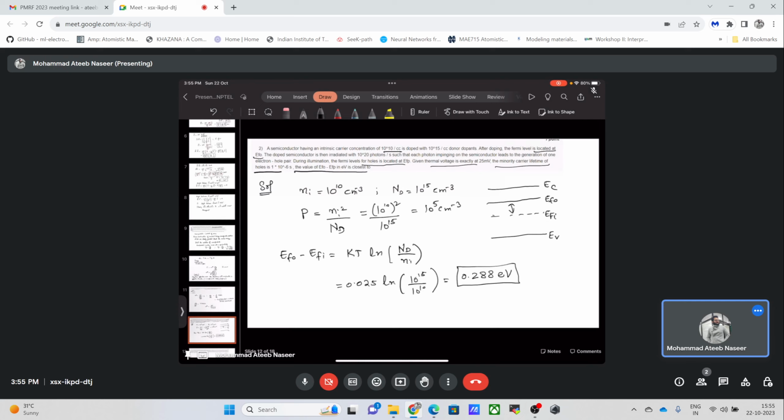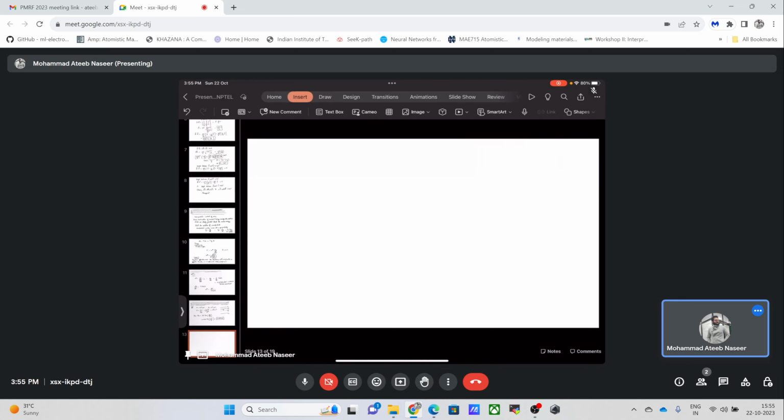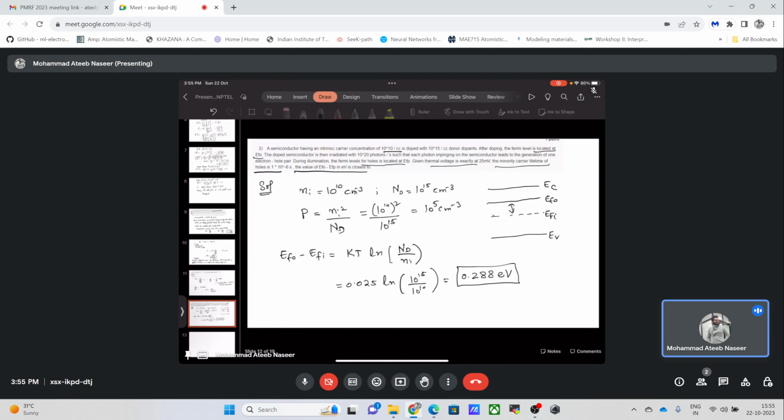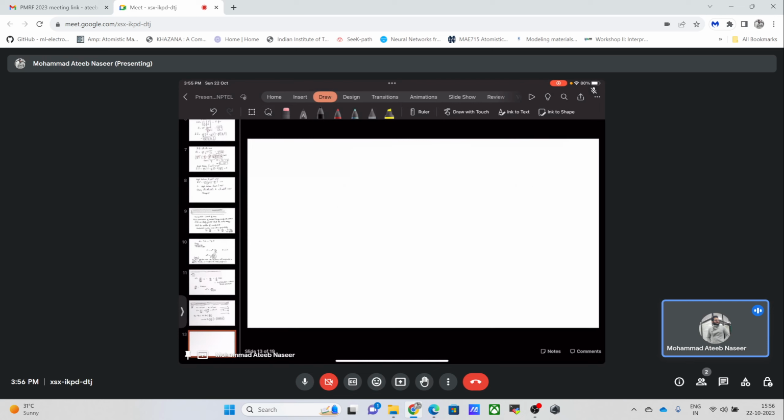Now what we have done is illuminate this doped semiconductor with 10 to the power of 20 photons per second, and each will generate one electron hole pair. So the generation is 10 to the power of 20 electron hole pairs per second.